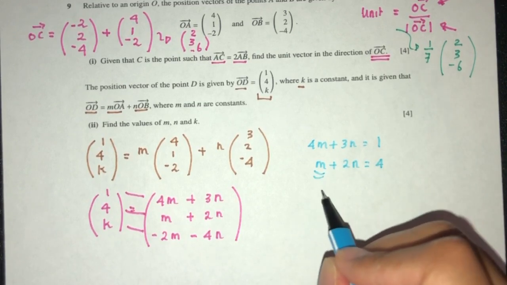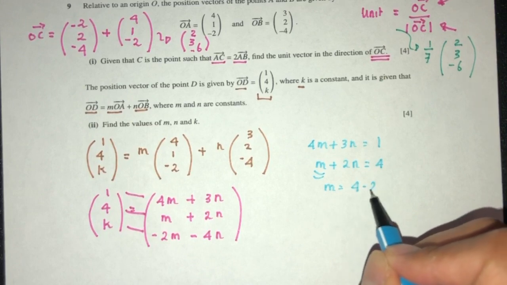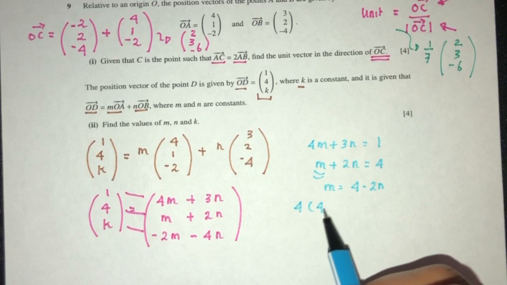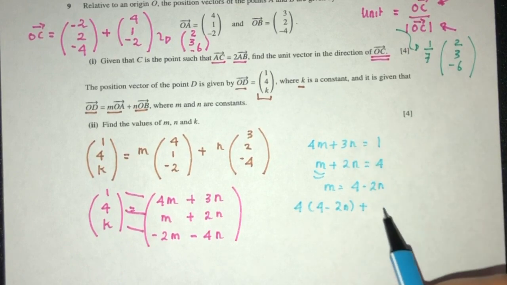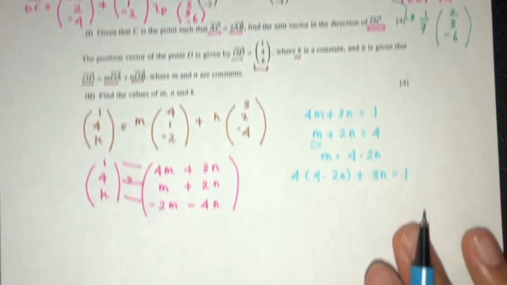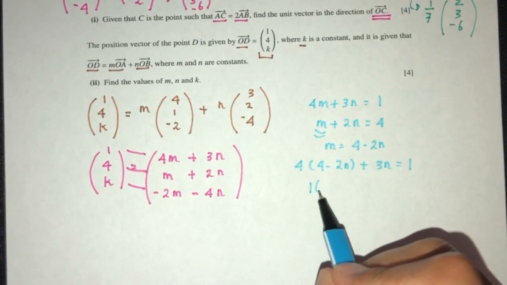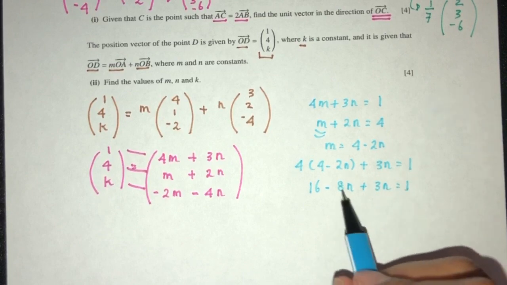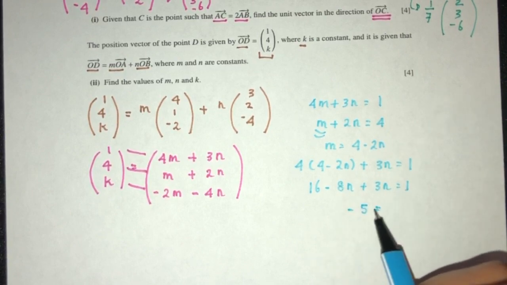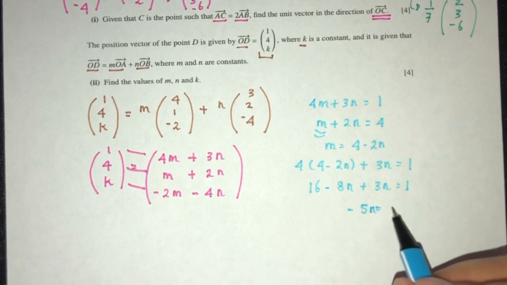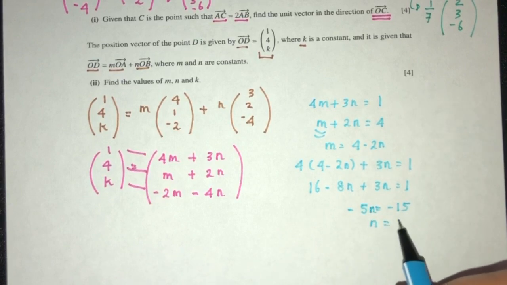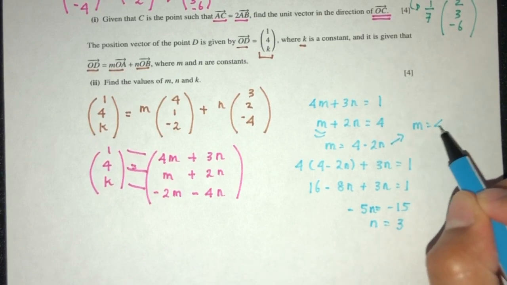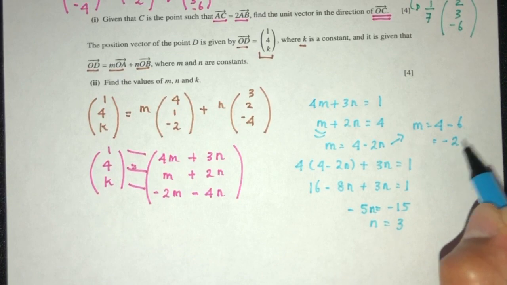Now we can make M the subject, so M will be 4 minus 2N. Replace back in your equation, you have 4 times M, which is 4 minus 2N, plus 3N has to be 1. Solve one by one. 4 times 4 is 16 minus 8N plus 3N equal to 1. This will be minus 5N equals minus 15. So N will be the value of 3. From here, M will be 4 minus 6, that should be minus 2.